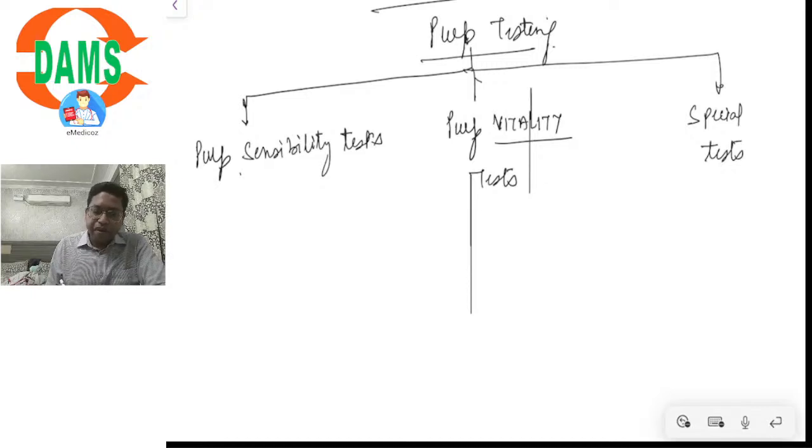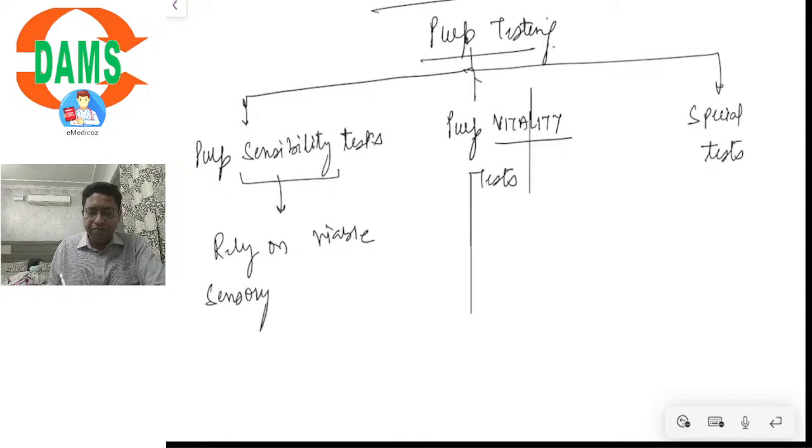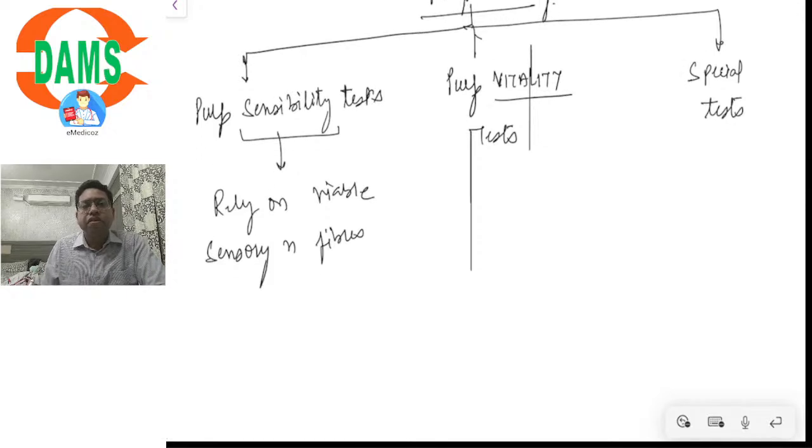As the name indicates, pulp sensibility tests rely on viable sensory nerve fibers. They are the commonest type of tests employed for judging the clinical status of the pulp, whether it is healthy or not.